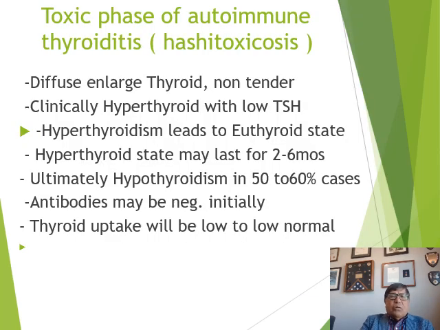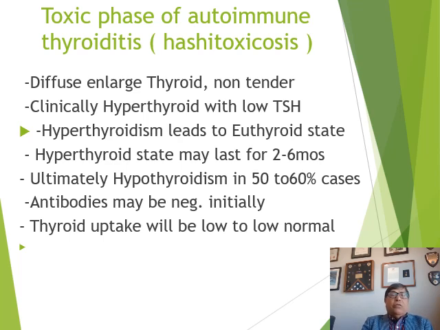The toxic phase of Hashimoto's thyroiditis almost always presents with a diffusely enlarged thyroid, and it is non-tender. Clinically they are hyperthyroid, with suppressed TSH, very hard to differentiate from Graves' disease clinically.